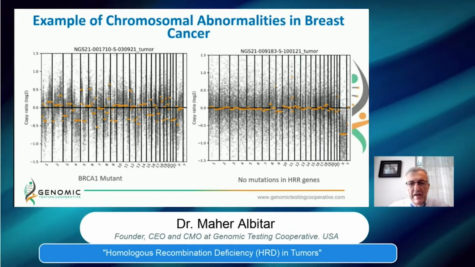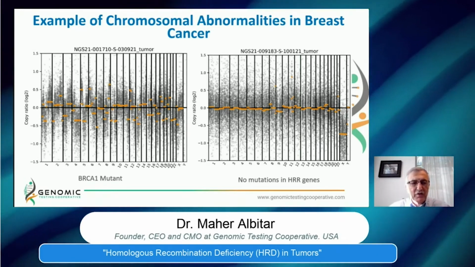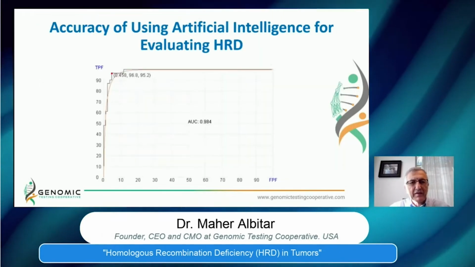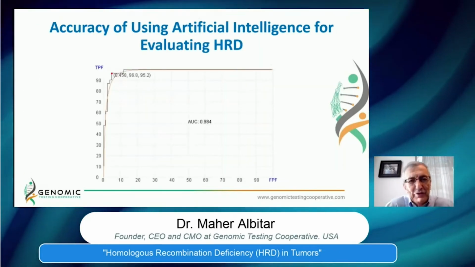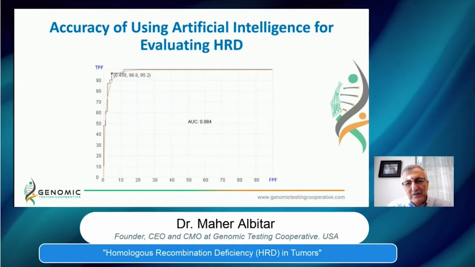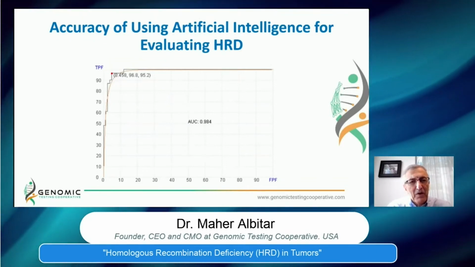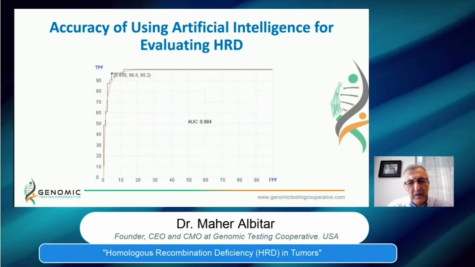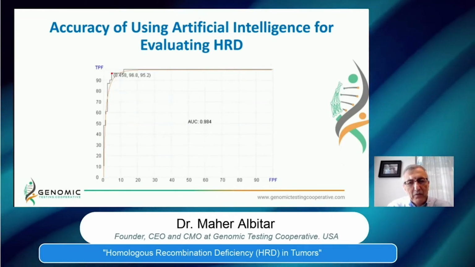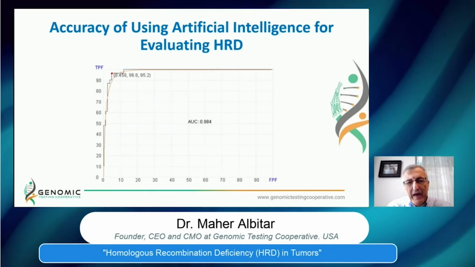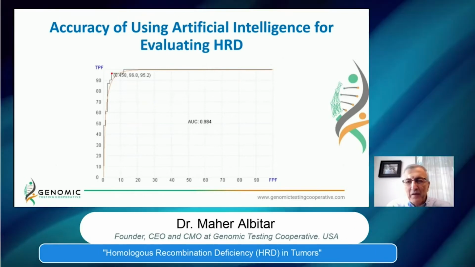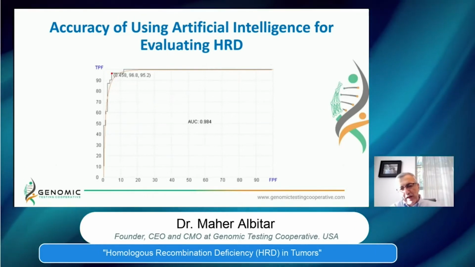And the way we approach this evaluation of this scarring is by using artificial intelligence and machine learning. And this is actually an example of what we use for our machine learning, because as you can imagine, I just showed you the extreme.